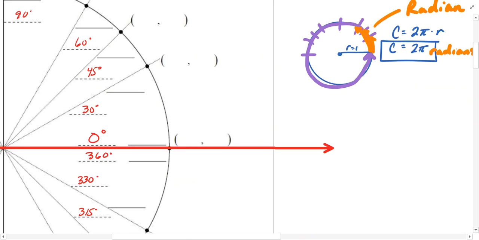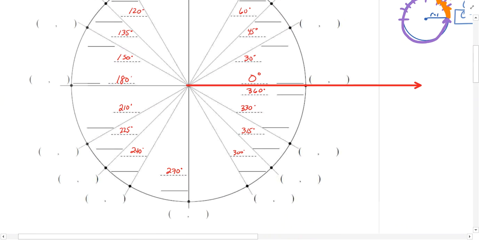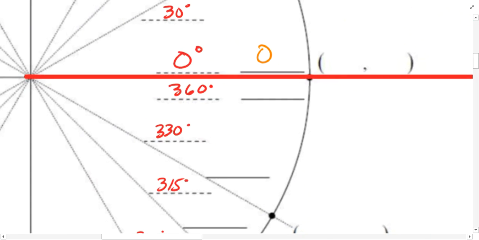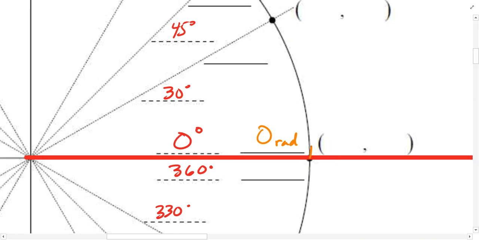So if we were to mark our radian angle measures on the same unit circle, we might see the following. Number 1, this position is the same as 0 degrees, so therefore it has 0 radians. If I were to measure the length of this unit circle to this position, we could perform the math.